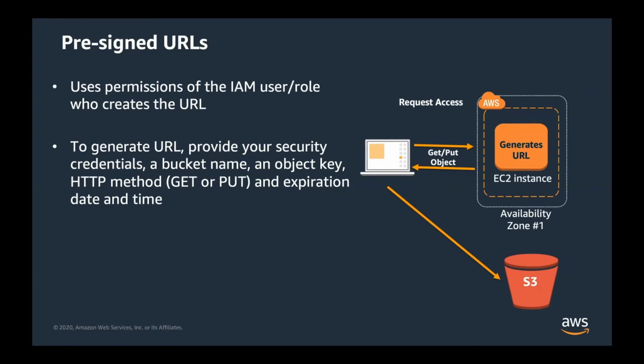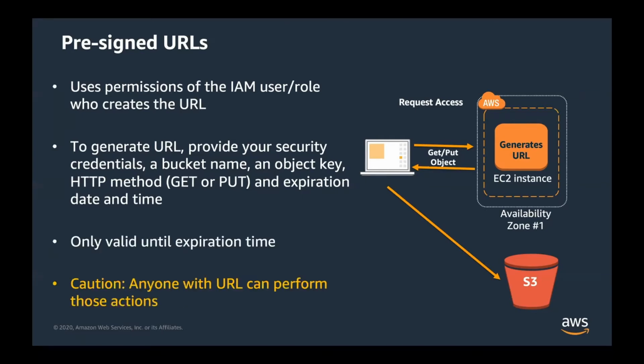These pre-signed URLs can be used to get or put objects into the bucket. Like I mentioned, it's valid only until the expiration time, but one word of caution for customers is that anyone with that URL can perform those actions.